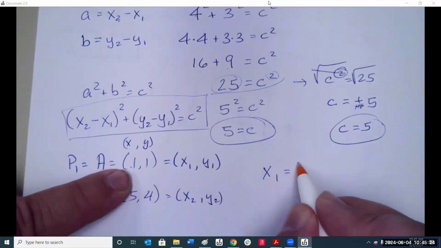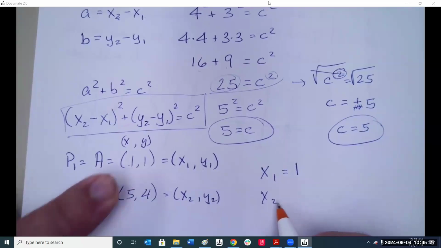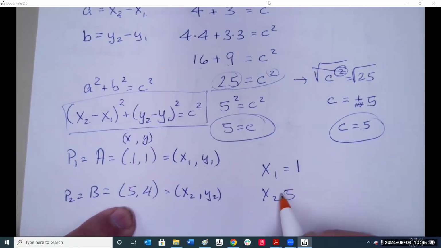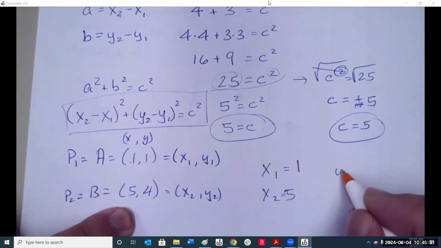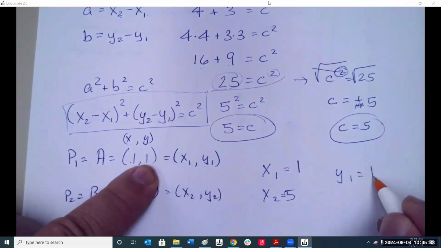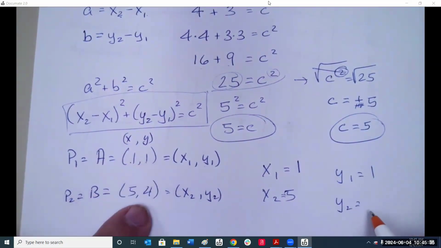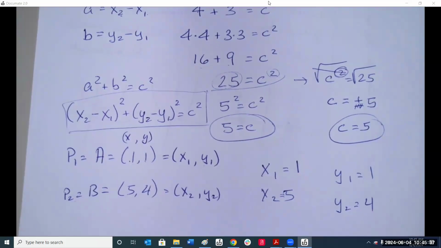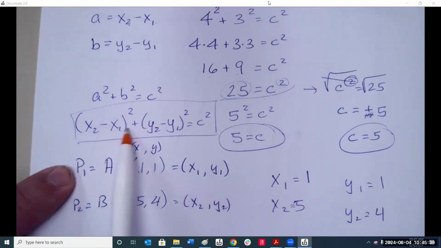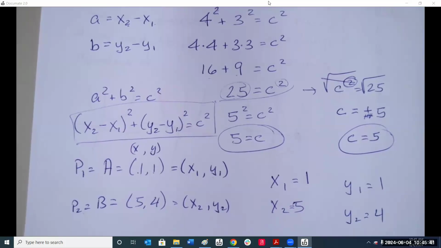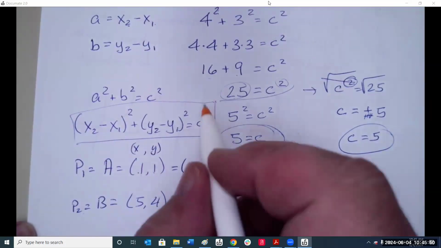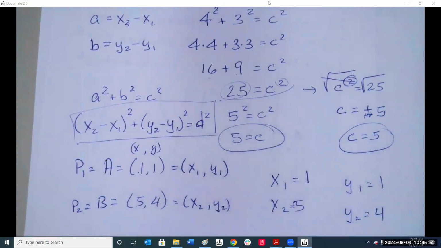X1 was 1. X2 was 5. Y1 is 1. Y2 is 4. All I have to do now is plug them in here. So you have this formula for the distance. This equals the distance between the 2 points.